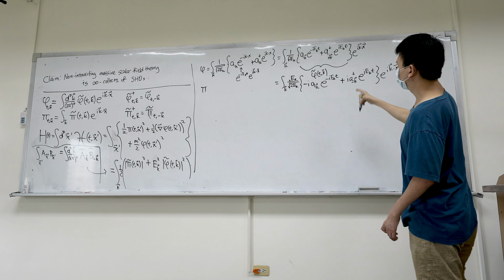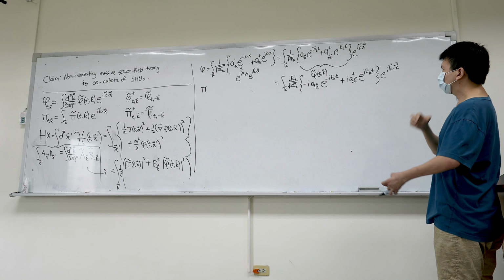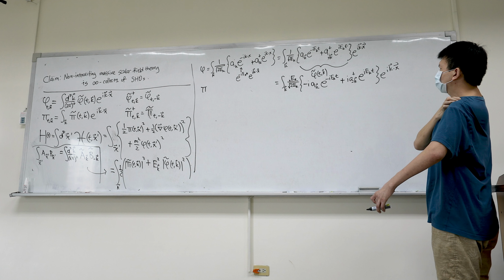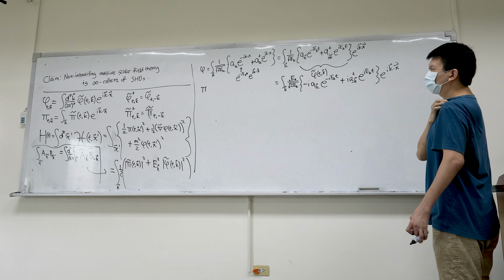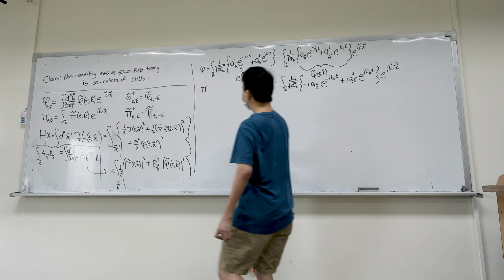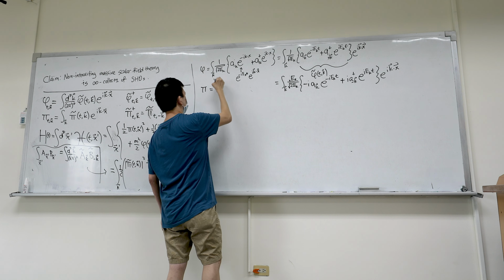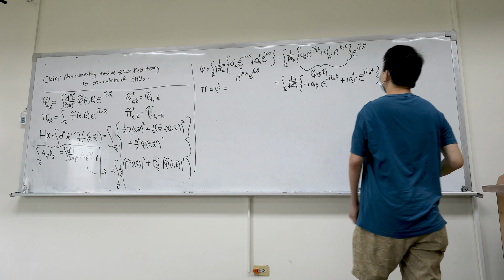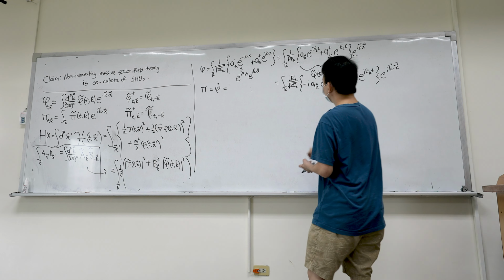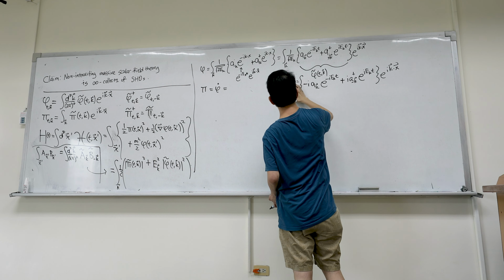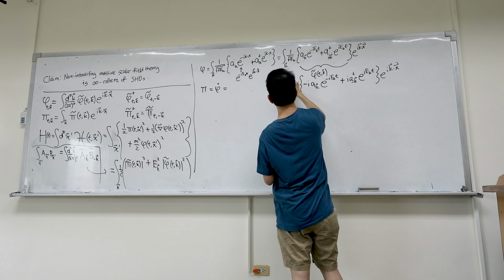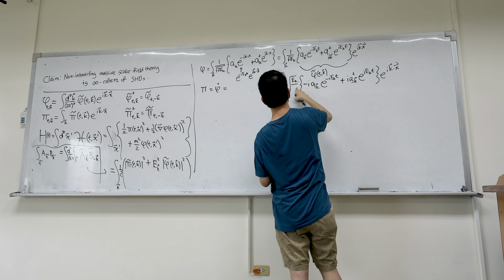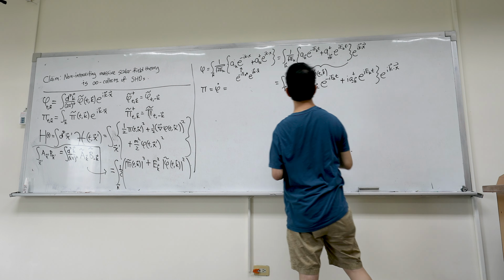I'm skipping one step, but basically I just take the derivative with respect to time, because pi is just phi dot. Let me simplify this slightly, because this is nothing but square root of e_k over 2.